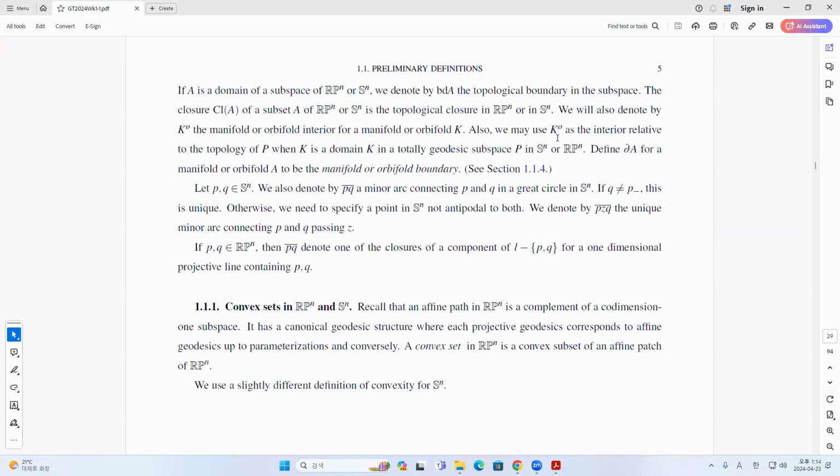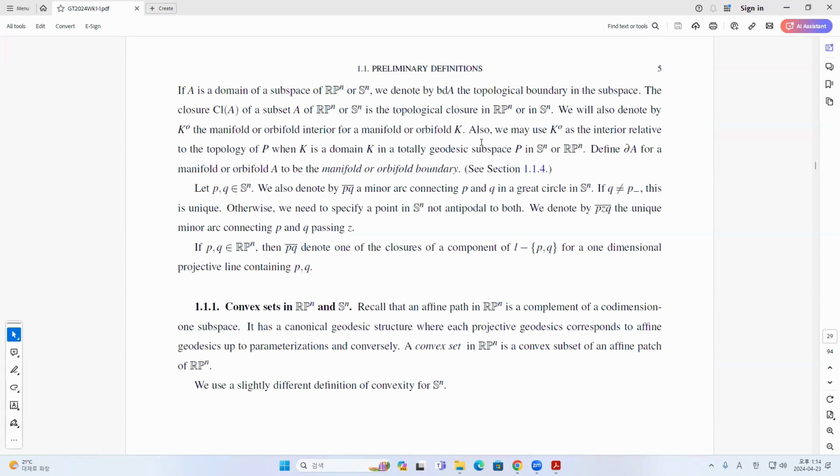We may also use K^o as an interior relative to the topology of P when K is a domain in some totally geodesic subspace in S^n or RP^n, and we define the boundary of a manifold or orbifold to be just the manifold boundary and orbifold boundary. Please check that these notations are used consistently.